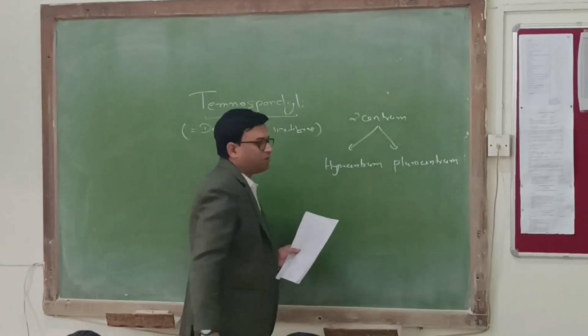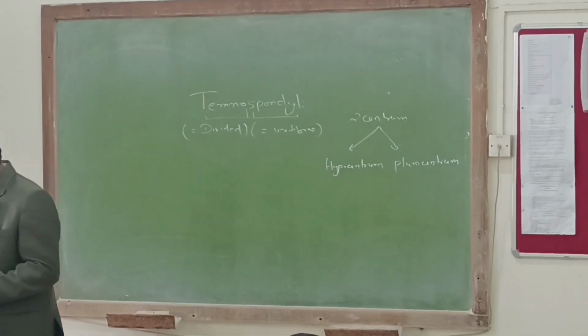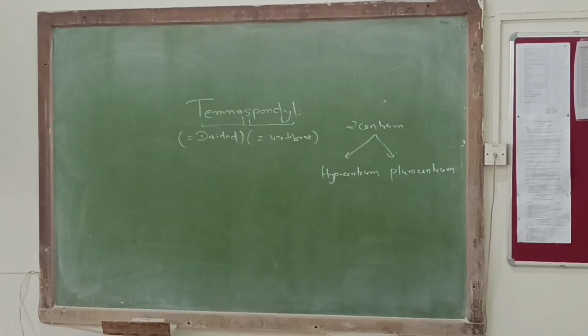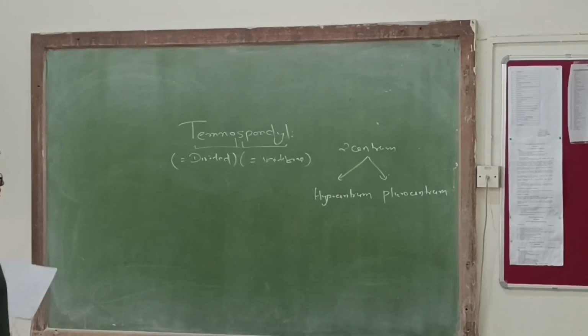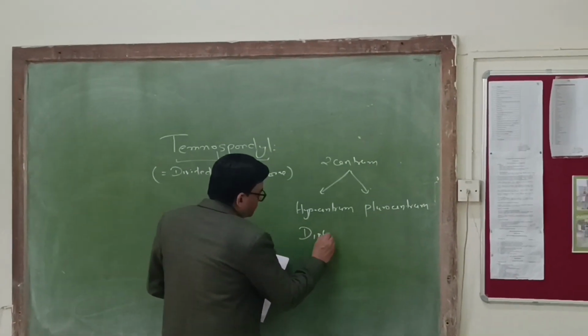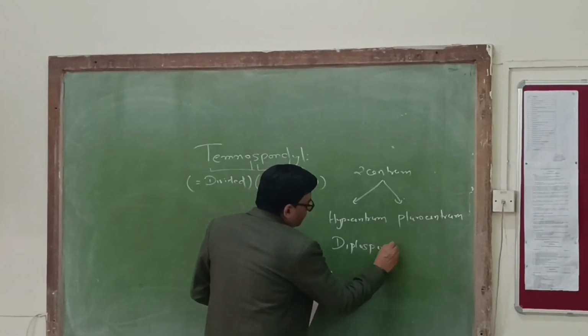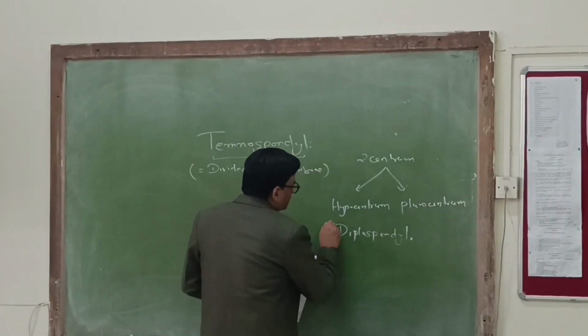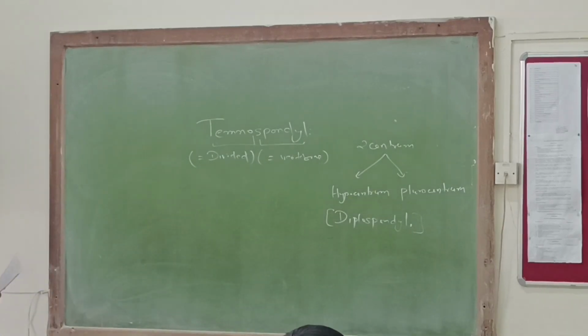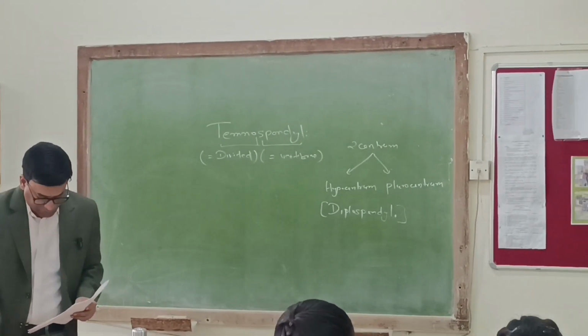So in the vertebrae of the Temnospondyli, there will be two centrum. The vertebra is divided into two centrum, the hypocentrum and the pleurocentrum. And this condition is called diplospondyly. So the name of the order is Temnospondyli.